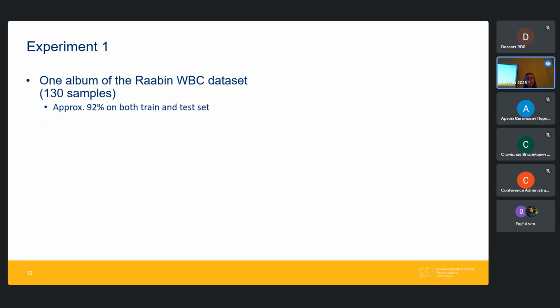Essentially, on these 130 samples, the operations were applied, and I was evaluating three aspects.